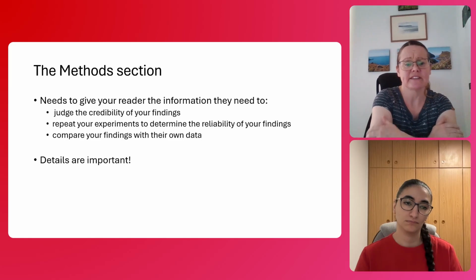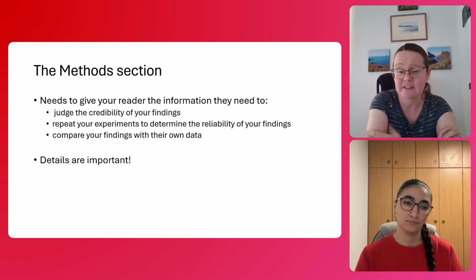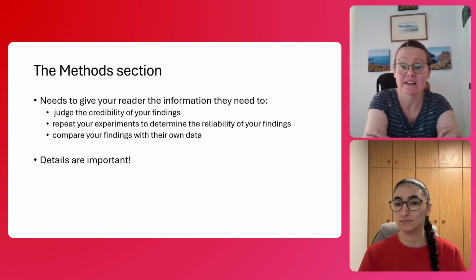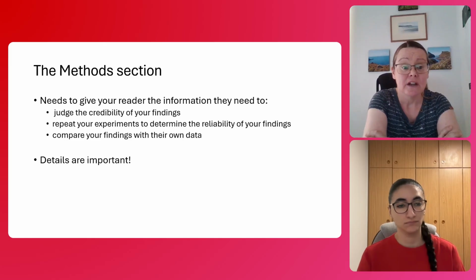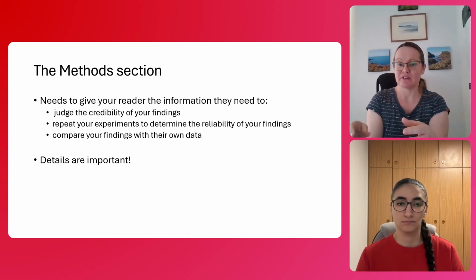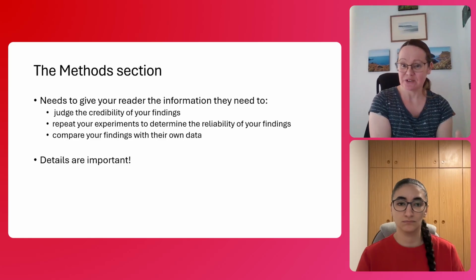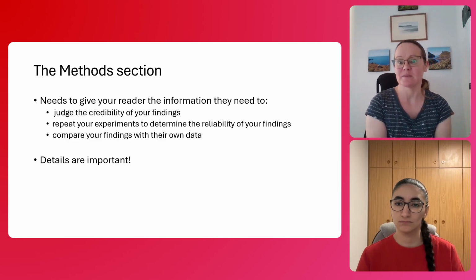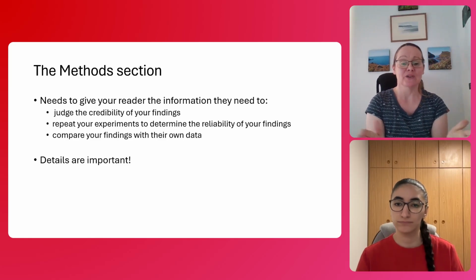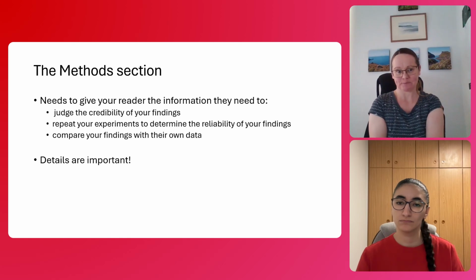It's not on the list there, but another important point is that you make your data accessible to other researchers to use in systematic reviews. They need to know how you gathered your data so that they know whether or not they can include your findings in their systematic review. So the details are important.